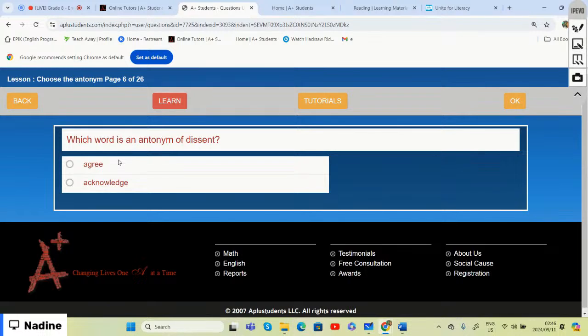All right. Let's go to the last word and then we're done. Which is the antonym of dissent? Is it to agree or to acknowledge? Dissent.